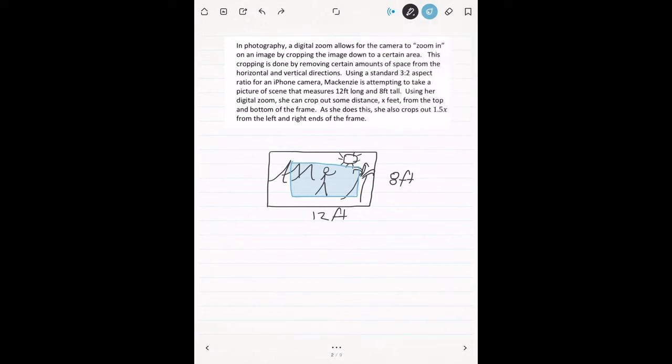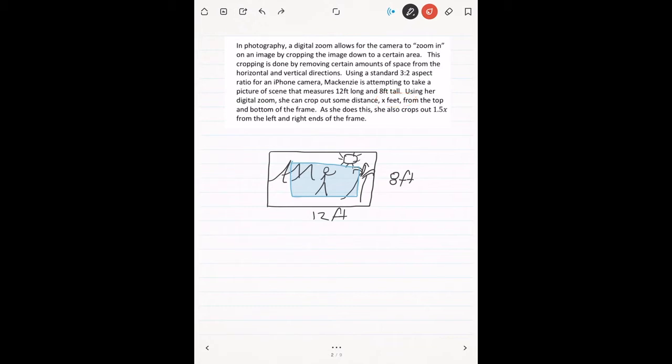So we want to set for us here this information. This will tell us how we crop the photo in. So first up, when you crop the photo, you remove X feet from the top and X feet from the bottom of the frame.